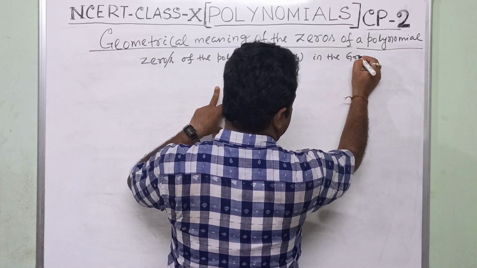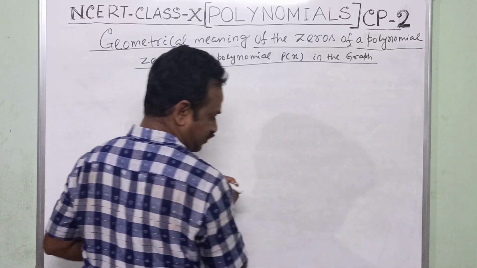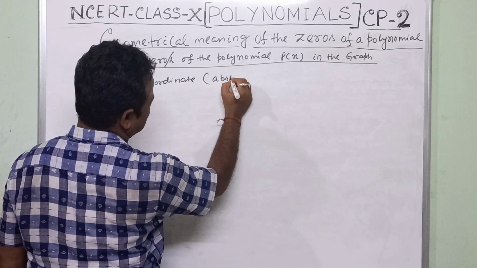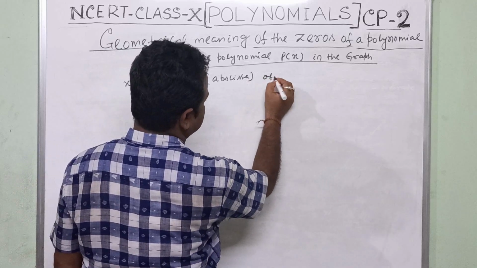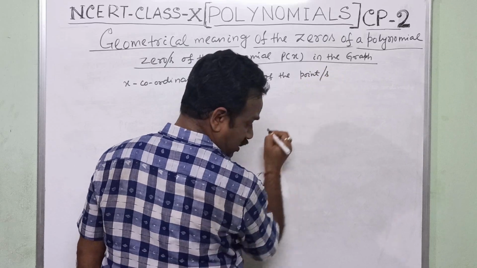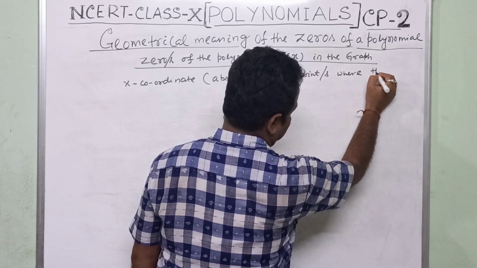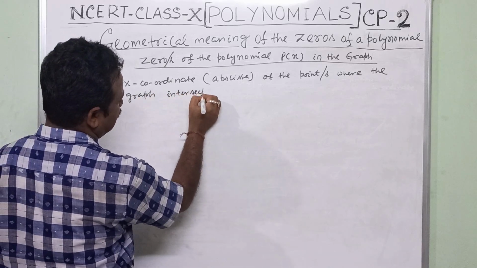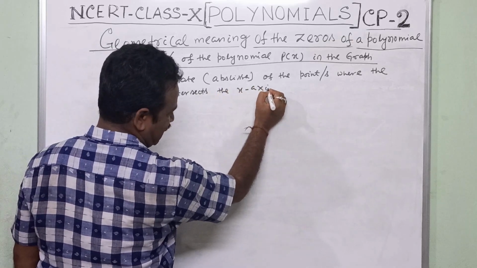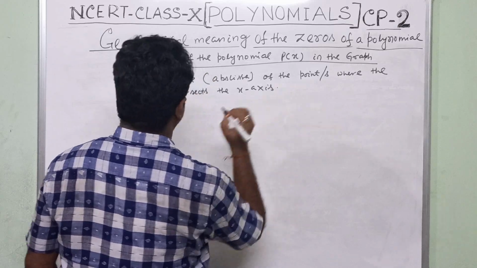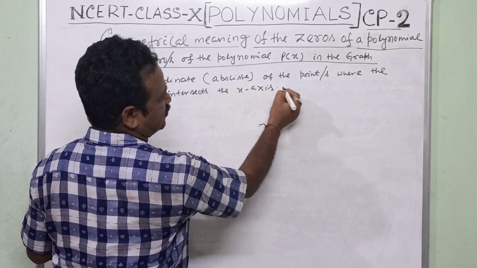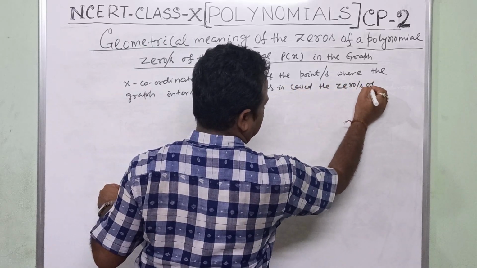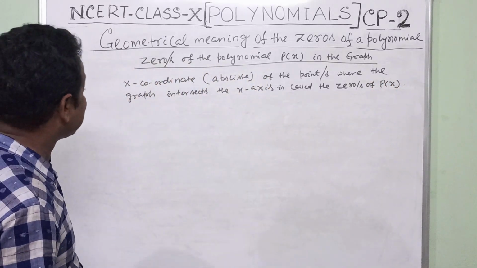The x coordinate, called the abscissa, of the point or points where the graph intersects the x-axis is called the zero of the polynomial p(x).